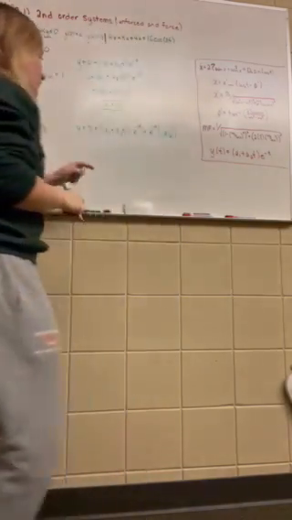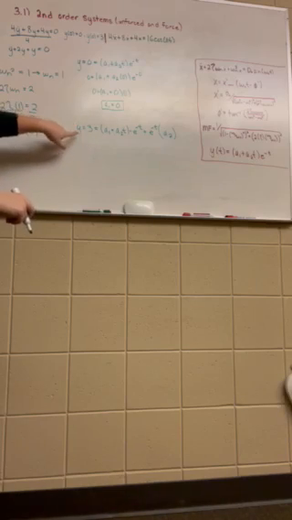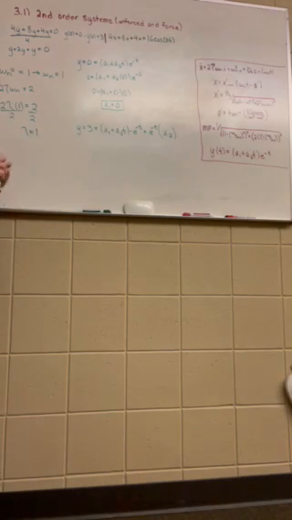e2. There we go. So this is your equation for y dot, taking the derivative and the product rule.